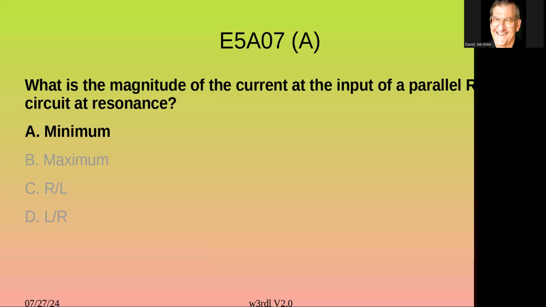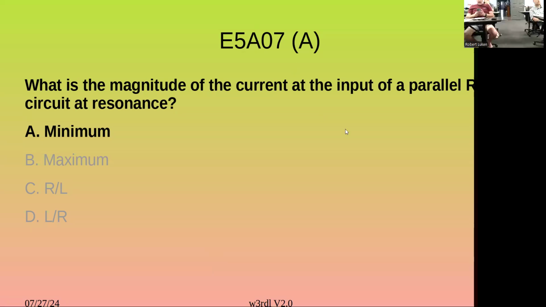Both of them are at minimum for that particular resonance. Does that sound good? Yeah. It's kind of a mind picture as opposed to the actual calculation in your head. Maybe that's helpful. I don't know.